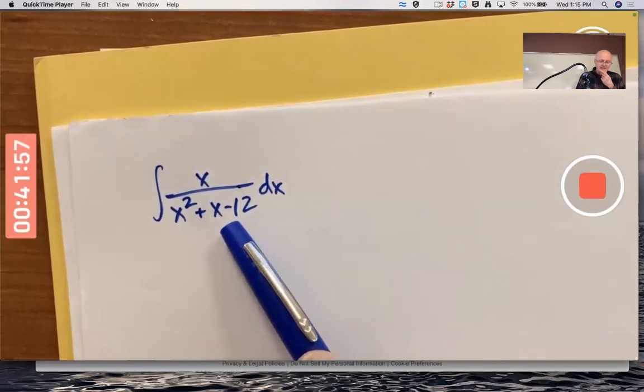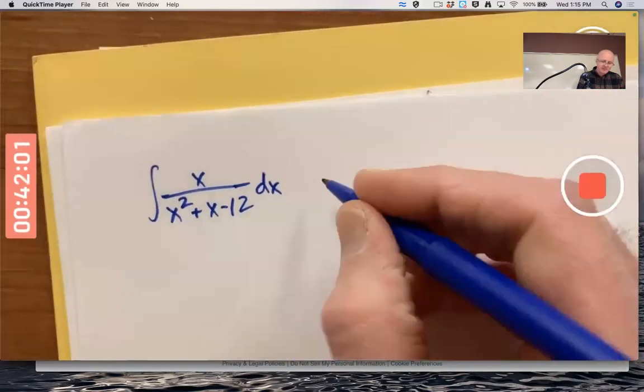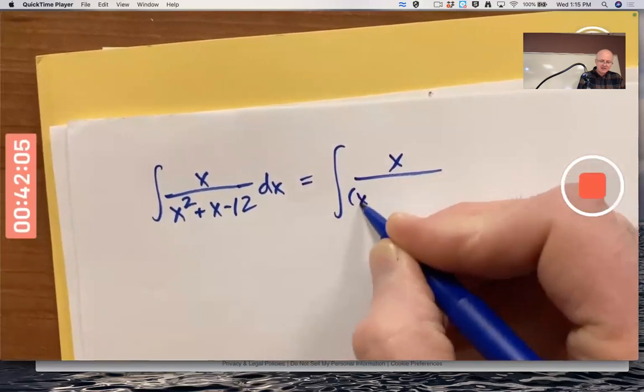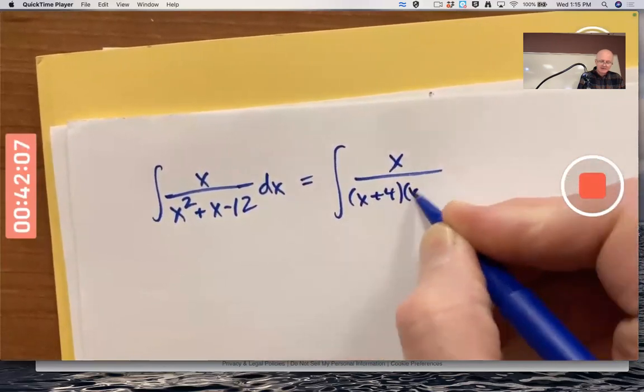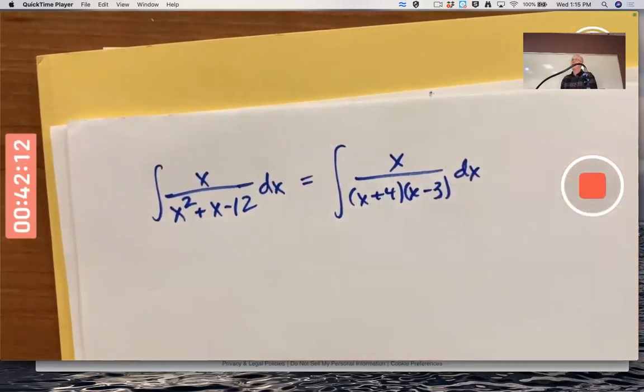And when the bottom is something that can be factored using real numbers, which it can be in this case, as x plus 4 times x minus 3, that's a hint that partial fractions can be used.